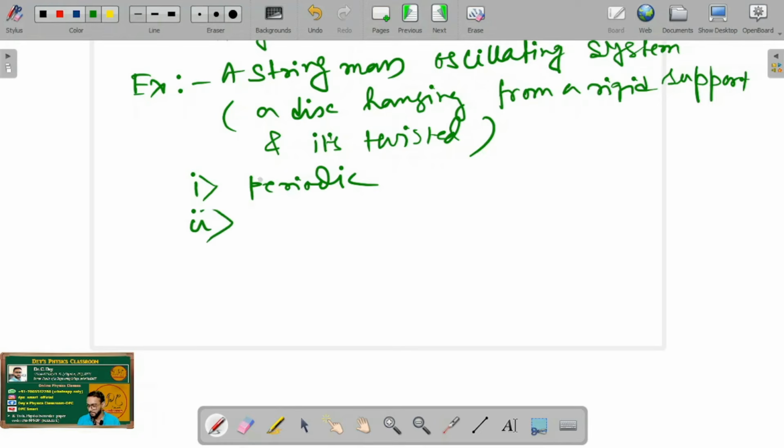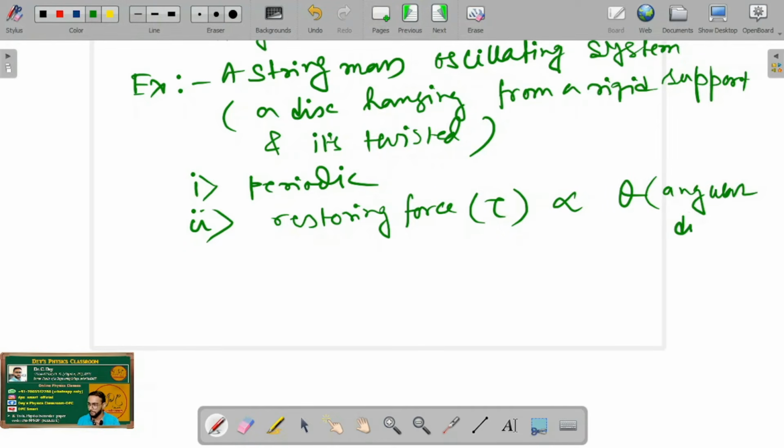Secondly, the restoring force, denoted as tau here, would be proportional to angular displacement theta, and the displacement would be oppositely directed to the restoring force.